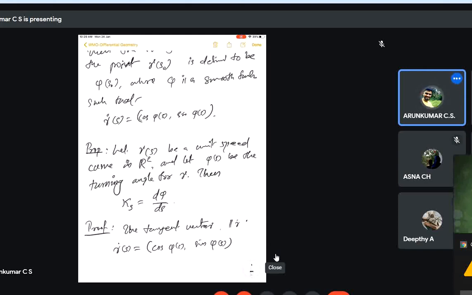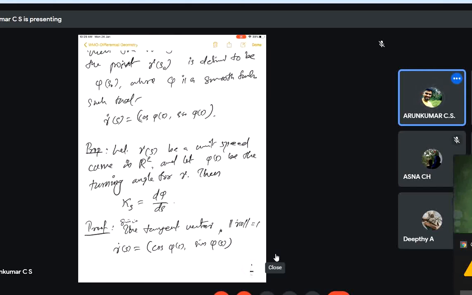We know the norm of gamma is 1 because the curve is unit speed. So the tangent vector has this property: norm of gamma dot s is 1. So again that is on the circle. Why is this true?